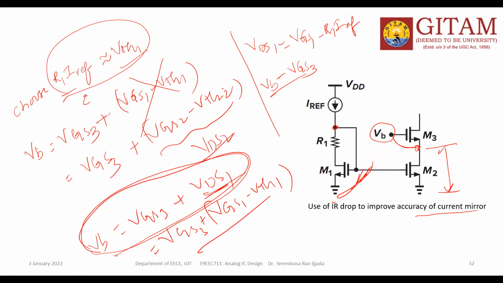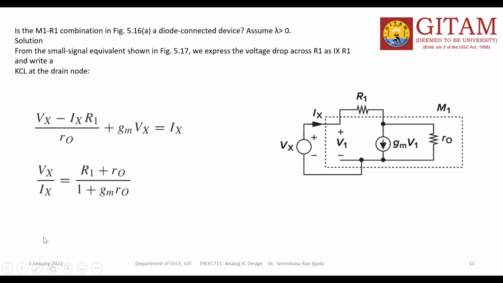Earlier also we did the same thing, but we failed. But now, because R1 is added, the drop across R1 is nothing but I reference times R1, which is equal to the VTH value of this M1 device. So finally we achieved that VDS2 is equal to VB minus VGS3. Okay, this is the one problem.